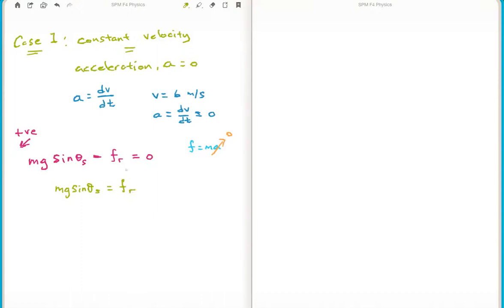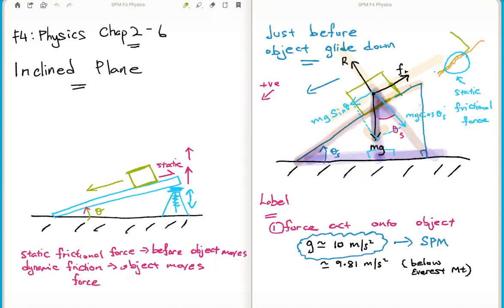The earlier you get used to those unknowns, the easier your life will be. That's how you get to know the frictional force. Left and right should be the same.